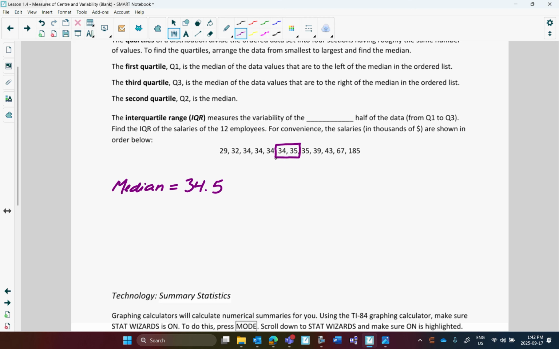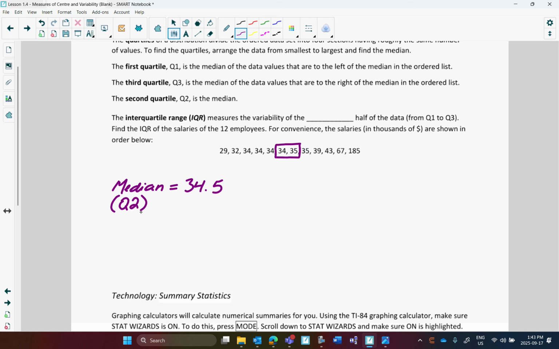So the value of Q2 is 34.5, which means about 50% of the data values are below 34.5, and 50% of the data values are above 34.5. It splits it into two halves, the median.